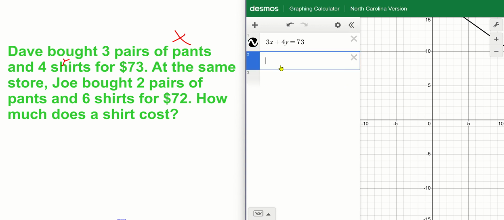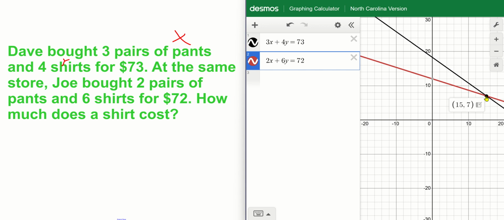So for the second equation, shirts also have to be my Y value: 2X plus 6Y equals 72. Sometimes you have to zoom out some to find where they cross. What that's telling us is X is 15, Y is 7. I made the pants X, so the pants are $15. The shirts were Y, that makes them $7.